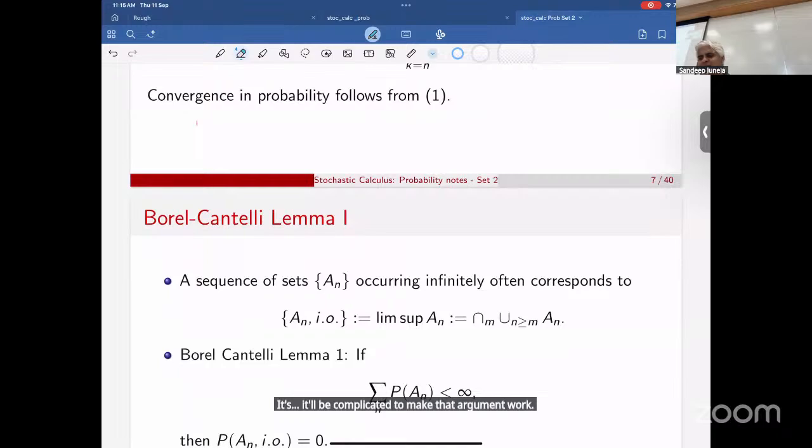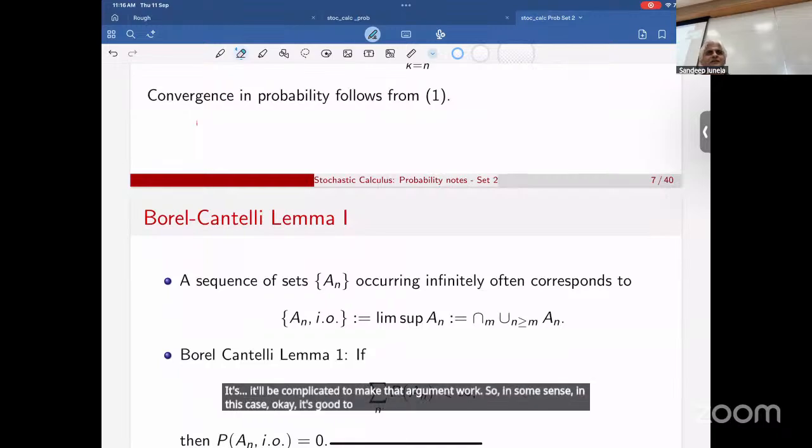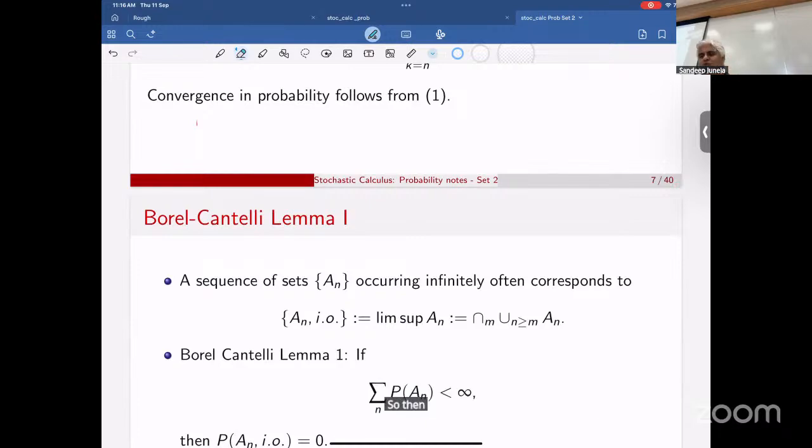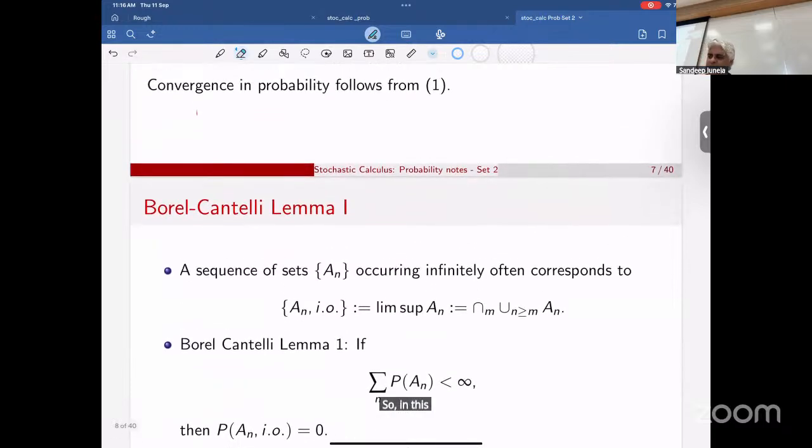So in this case, it's good to first see what the tried and tested methods are, and what's the simplest way to show this. Then you develop a tool set of how to think about and prove this. In this case, it's very simple. We have this definition here already.